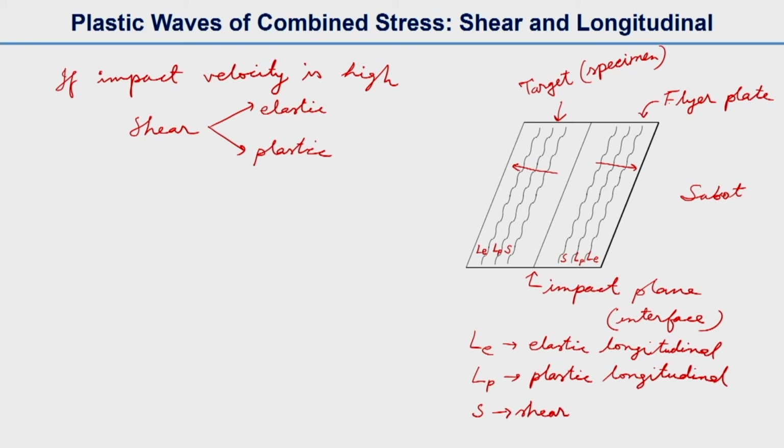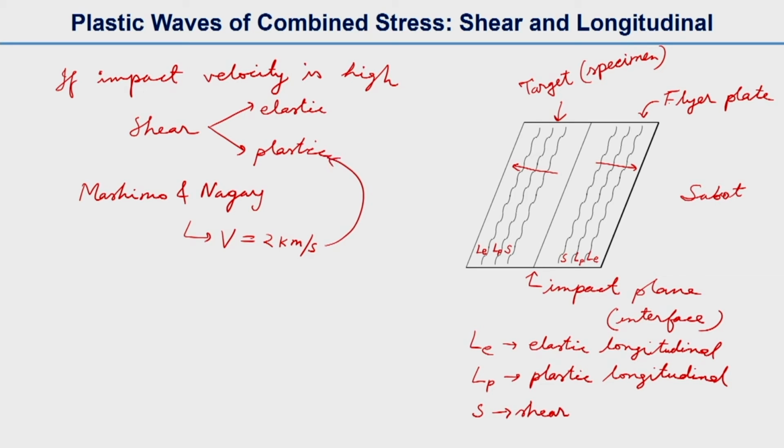Many researchers reported, and I think it is mentioned by Mashimo and Nagayama, that an impact velocity up to 2 km per second, which is very high, can produce a plastic shear wave.